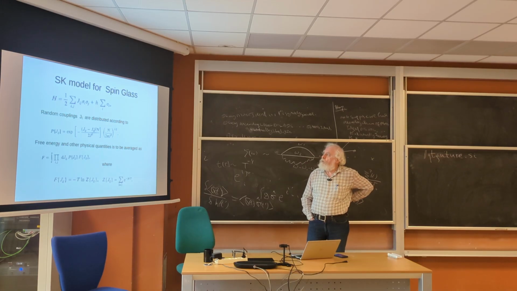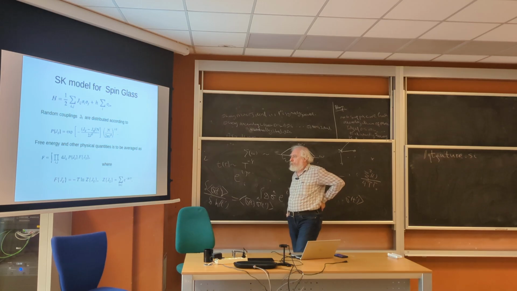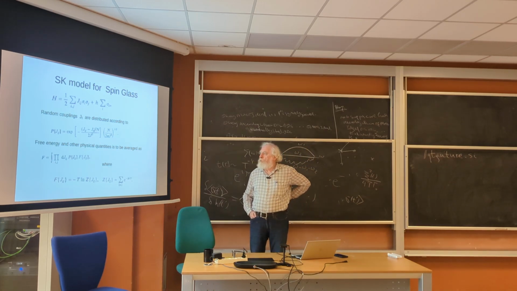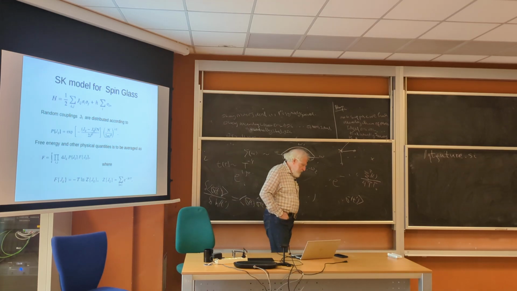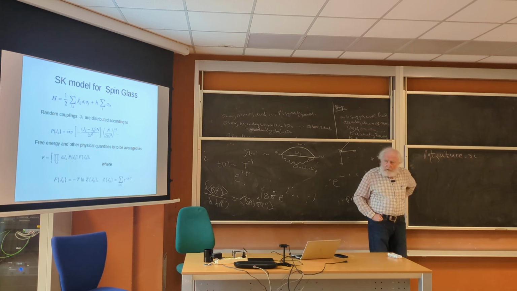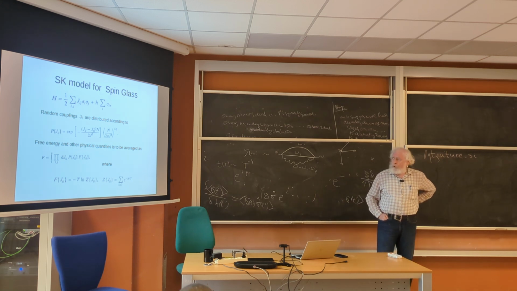So, this is a Hamiltonian. Sigma, as usual, is plus minus 1. Couplings are random Gaussian distributed. And what we need is to find the average free energy, averaged over this distribution of couplings.